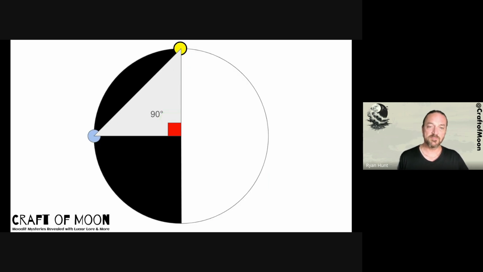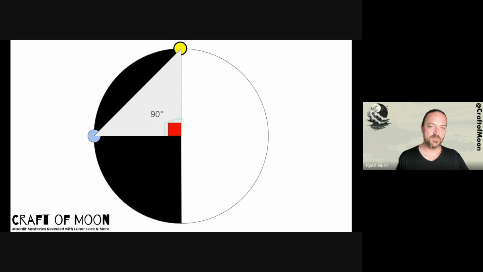To see that a little bit more, we can see that the sun here and the moon here are creating the points that the hypotenuse of the right triangle traverses. Hypotenuse is a geometric term for the side of a triangle that's opposite the 90-degree angle.